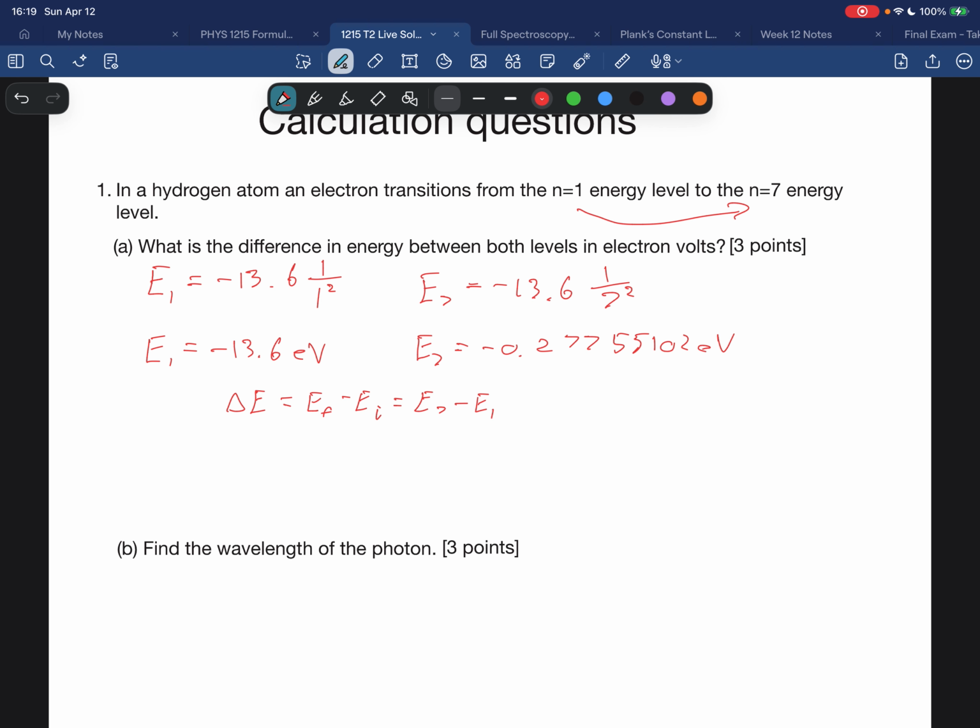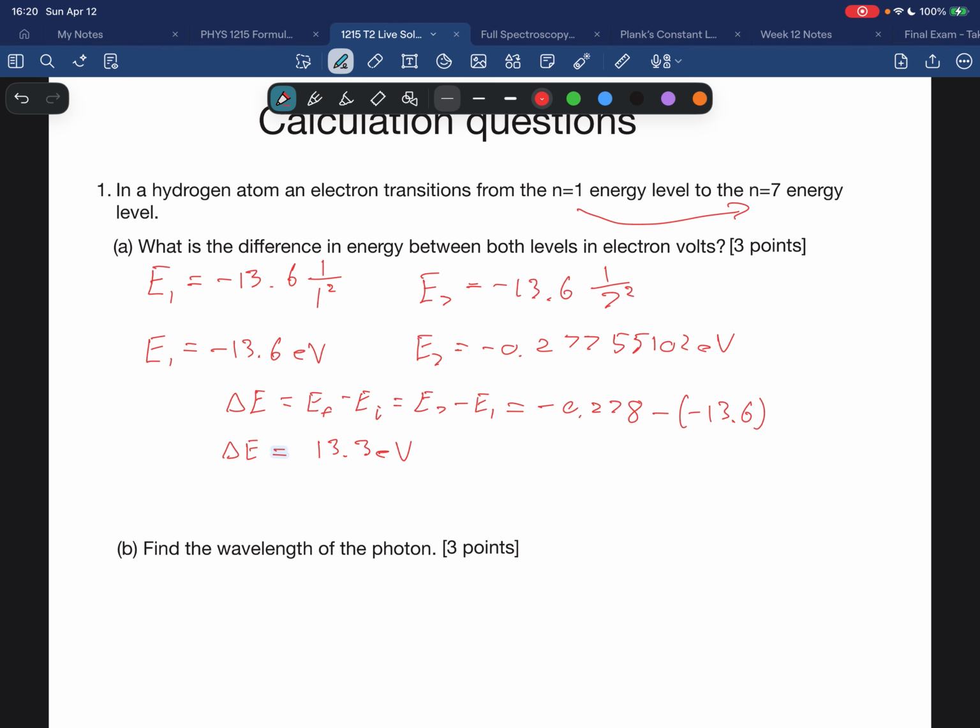That's why it's in this specific order. So the difference here was about 13.3 electron volts. I guess I'll plug this in. So I have about negative 0.278, I'll say, minus negative 13.6.